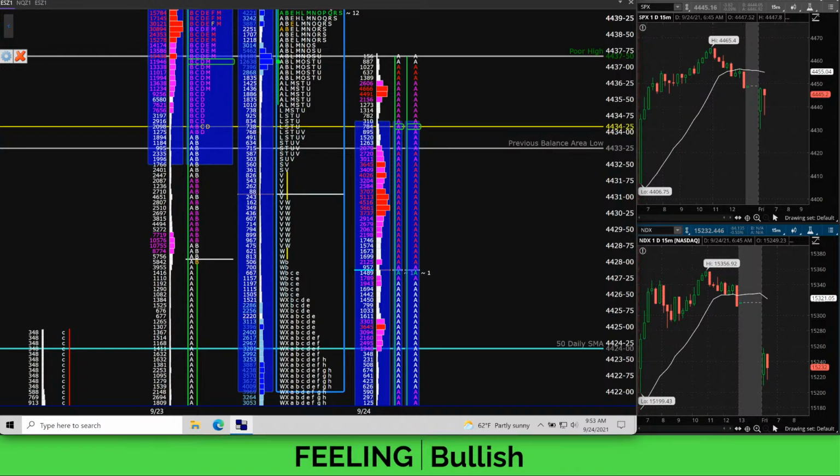Okay, so once again, now that we're back above it, we really want this node to act as support here.